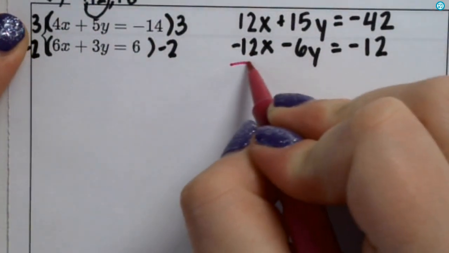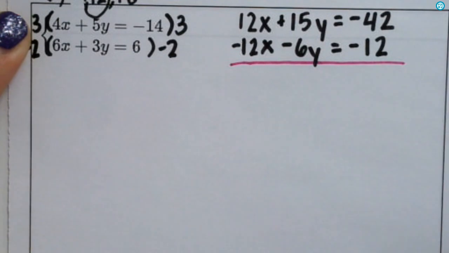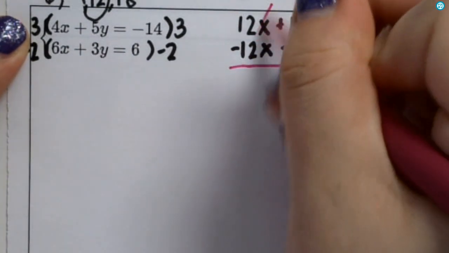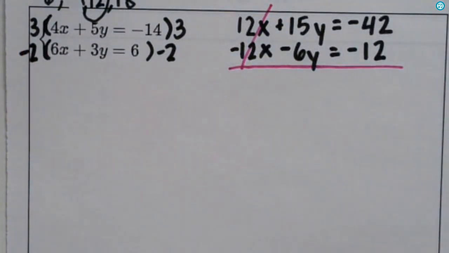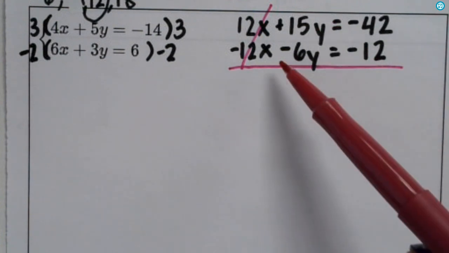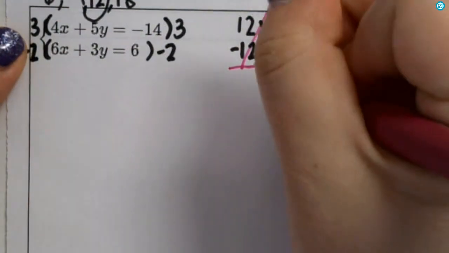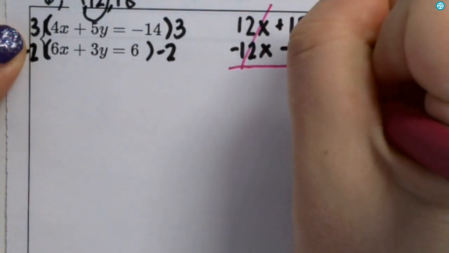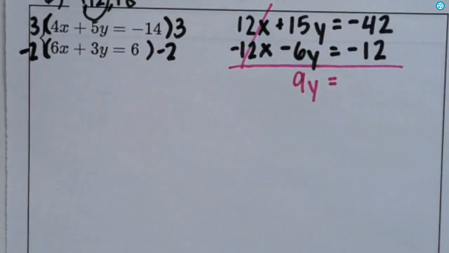So if we add these together, 12x and negative 12x cancel out, which is what we want. 15y plus negative 6y, or 15y minus 6y, is 9y. And then negative 42 minus 12 is negative 54.